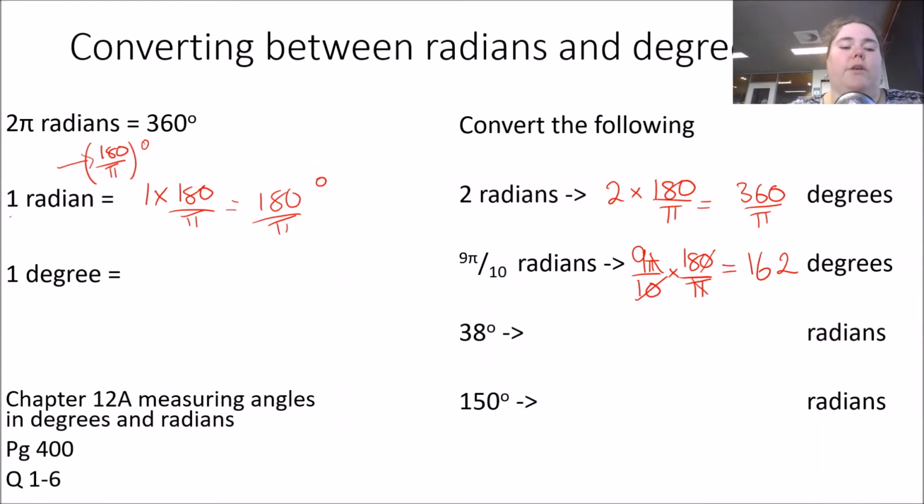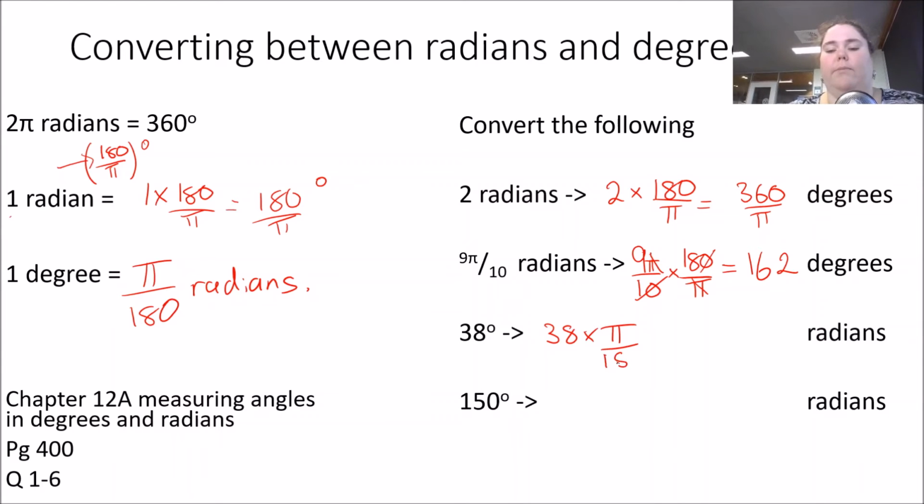So we know how many radians there are in degrees, because we did that on the last slide. We know there's pi on 180 radians in 1 degree. So if I want to go from degrees to radians, all I do is take my number of degrees and multiply it by pi on 180. Then I want to cancel down.